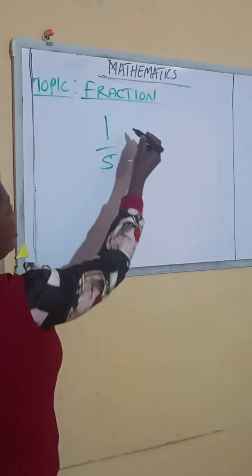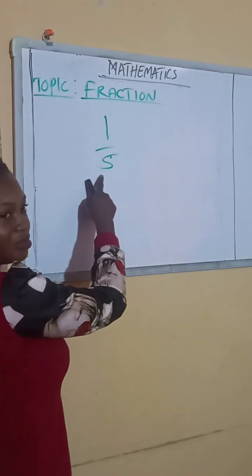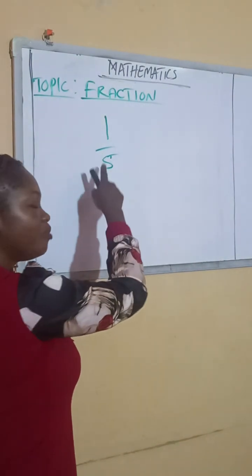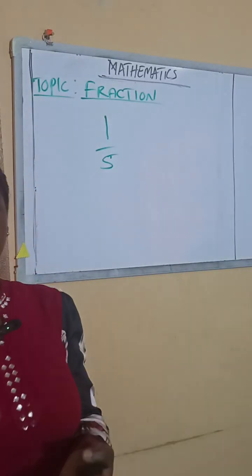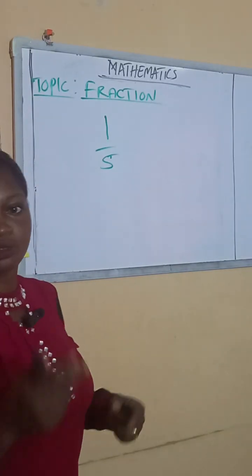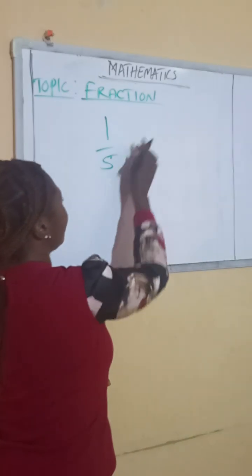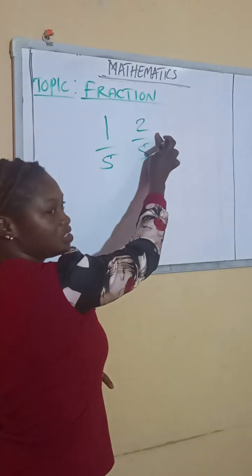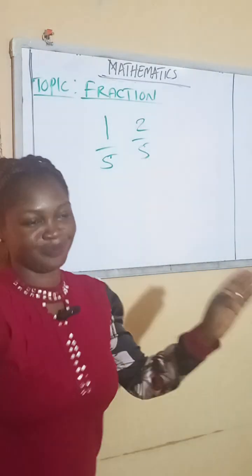This one here becomes the numerator, while the bottom one, which is the 5, is the denominator. If you decide to pick 2 out of this 5, it will be 2/5. That means the 2 is the numerator and the 5 is the denominator.